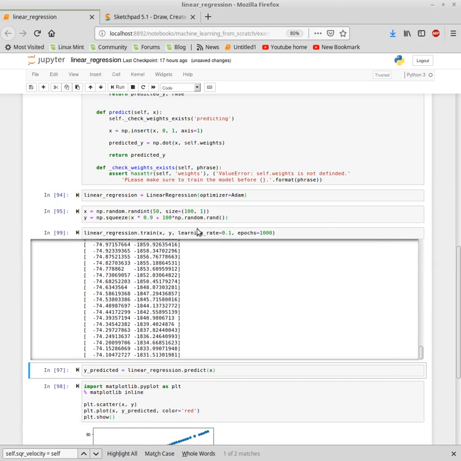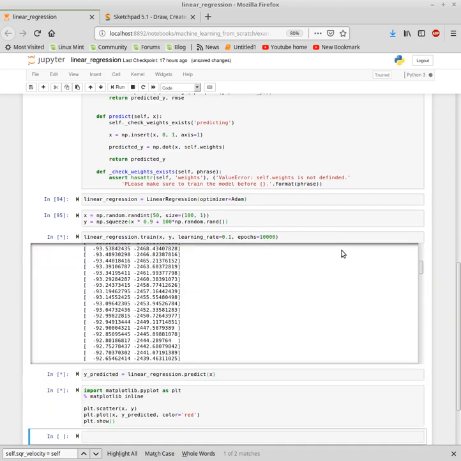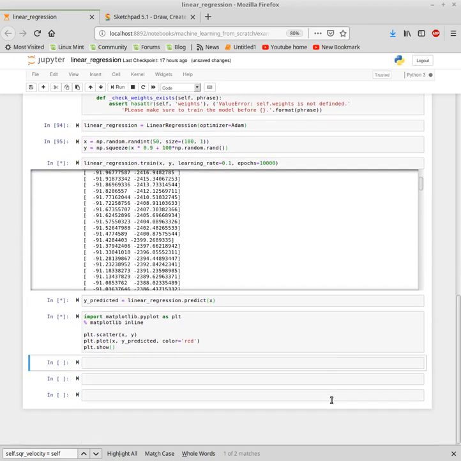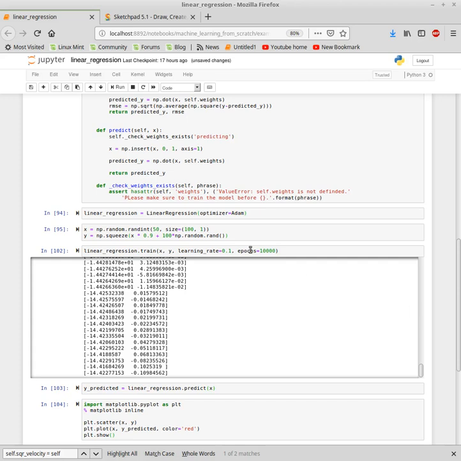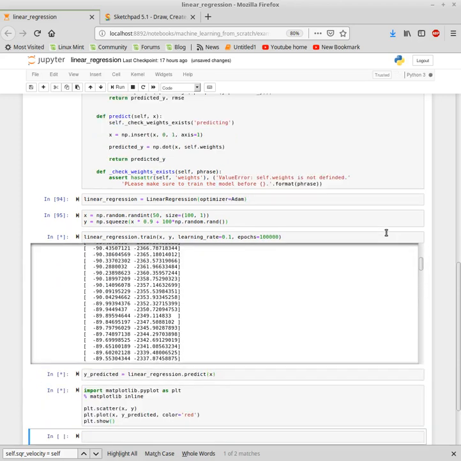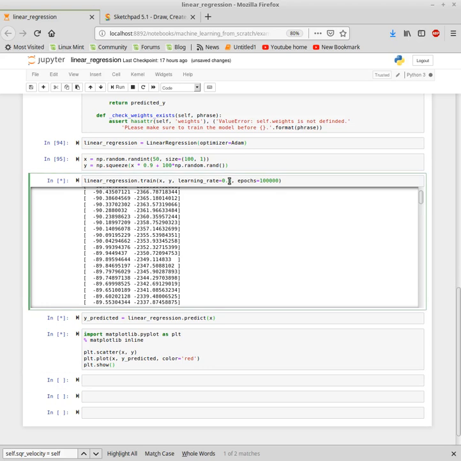Wow, it's getting smaller really, really slowly. I mean, you can definitely see that it's getting affected by learning rate a lot less, because this would have diverged by now using gradient descent.